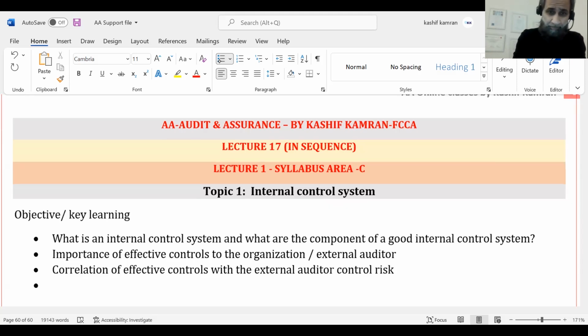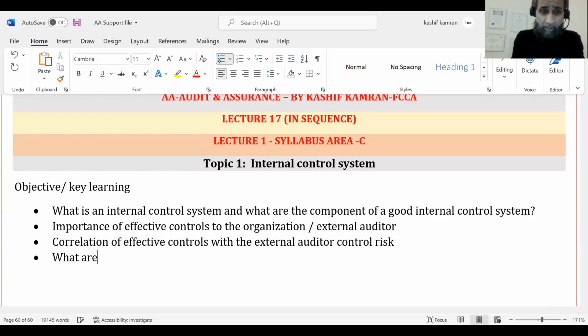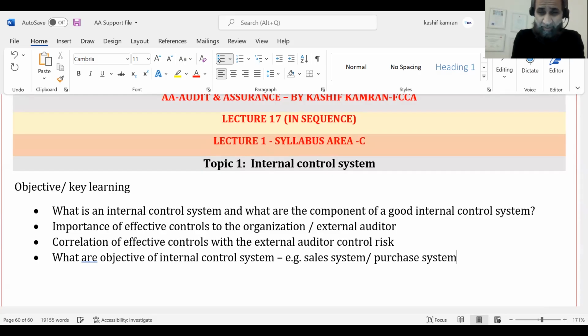And finally, what are the objectives of an internal control system, for example a sales system or a purchase system? There are so many systems in the company, right?